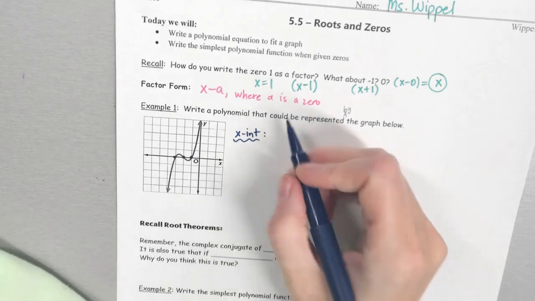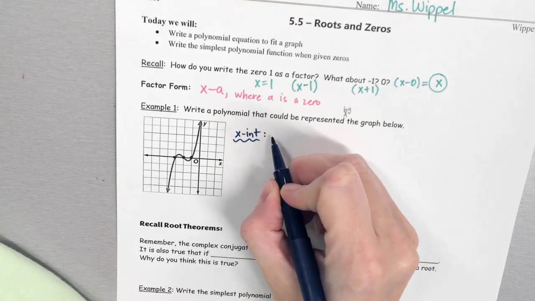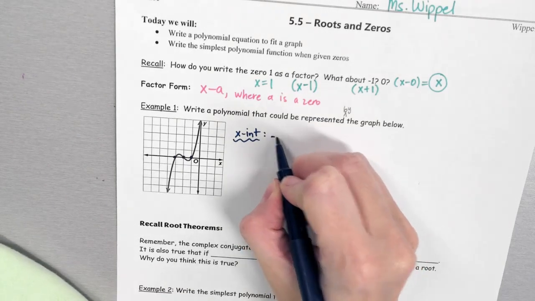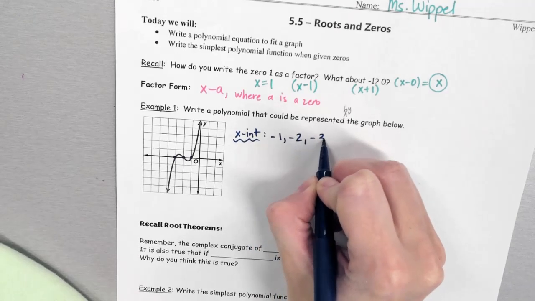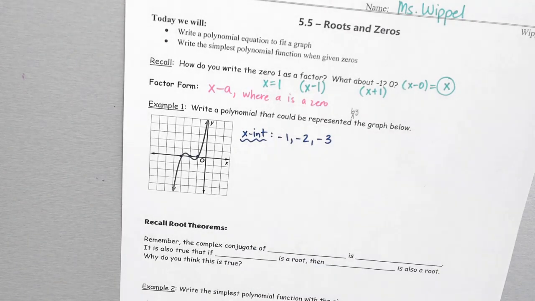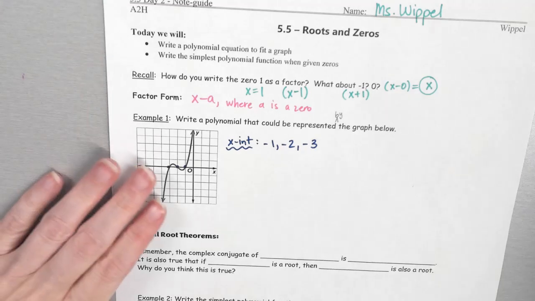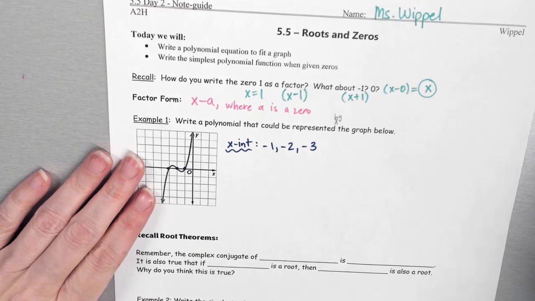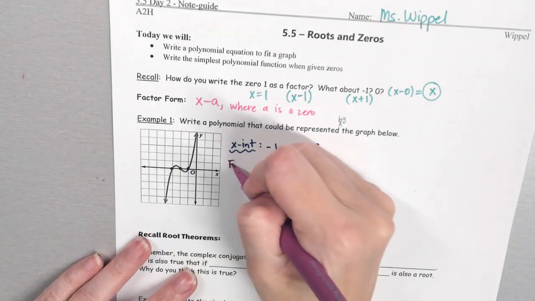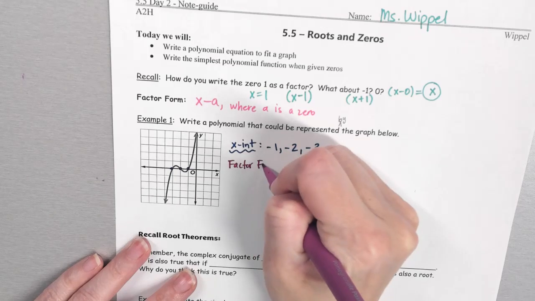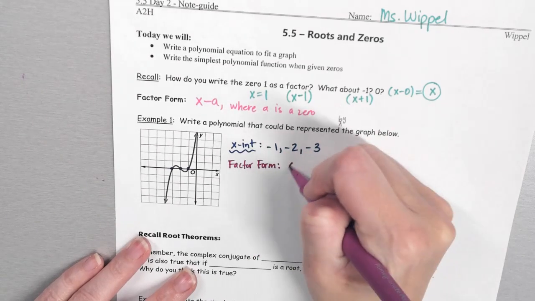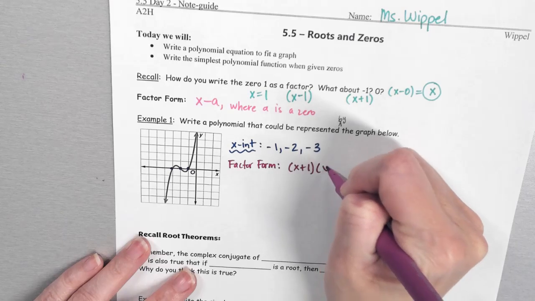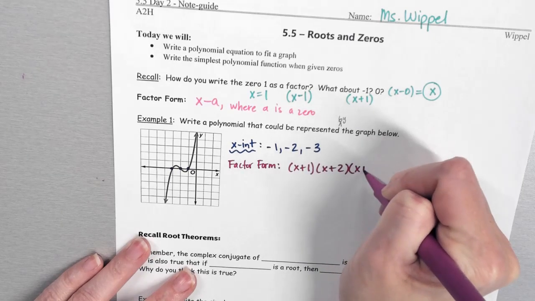There's 3 of them. Yep, negative 1, negative 2, negative 3. Good. So when we write them in factor form, we would have x plus 1, x plus 2, x plus 3.